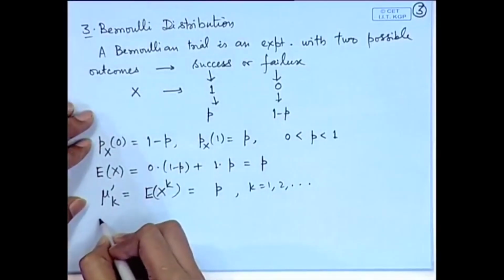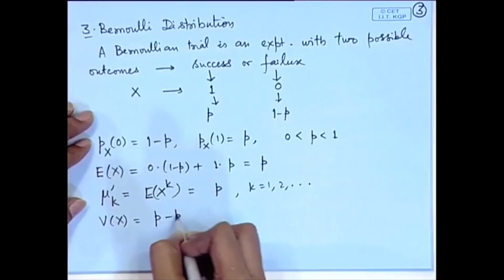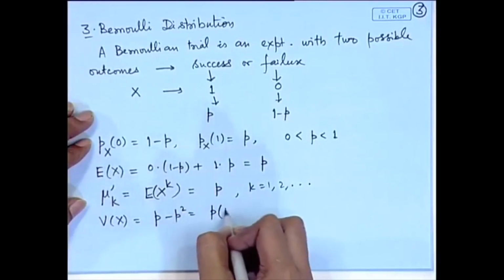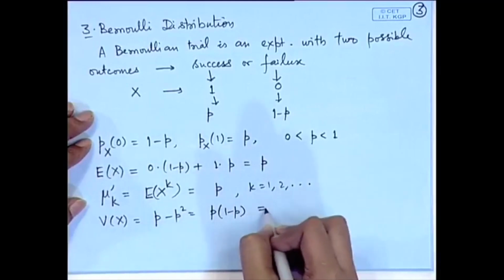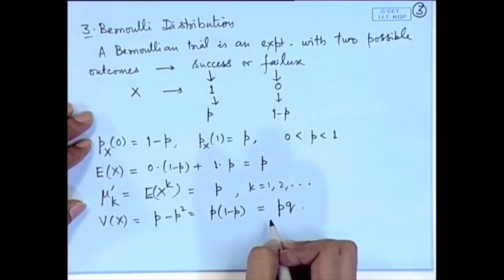Therefore, the variance of this distribution is p minus p square, that is equal to p into 1 minus p. 1 minus p many times we write as q also. So, it is p q.